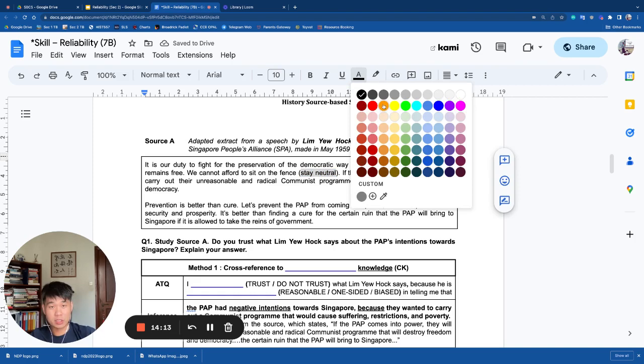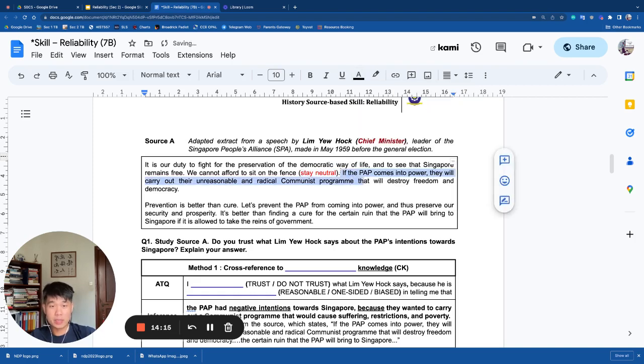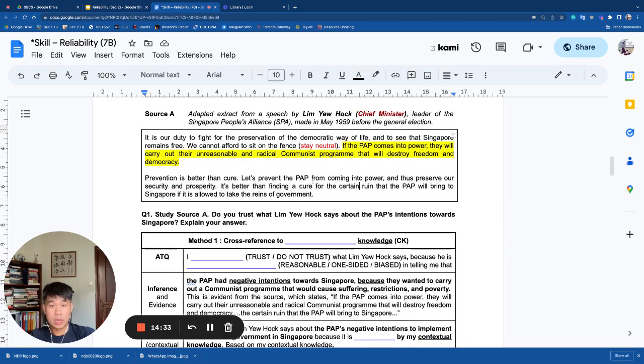The next lines are particularly interesting. If the PAP comes into power, they will carry out their unreasonable and radical communist program that will destroy freedom and democracy. So he has identified a big enemy, the PAP. Prevention is better than cure. Let's prevent the PAP from coming to power and thus preserve our security and prosperity.